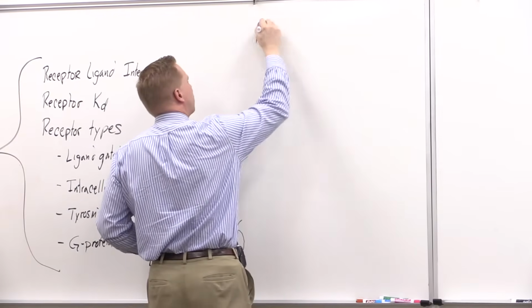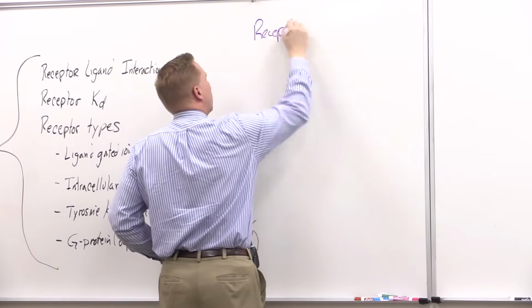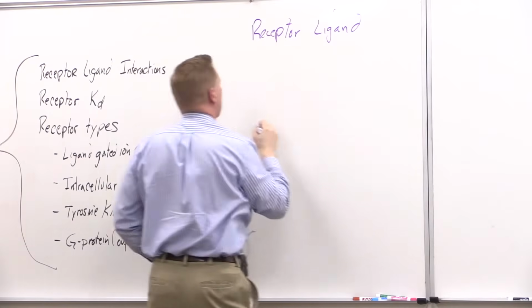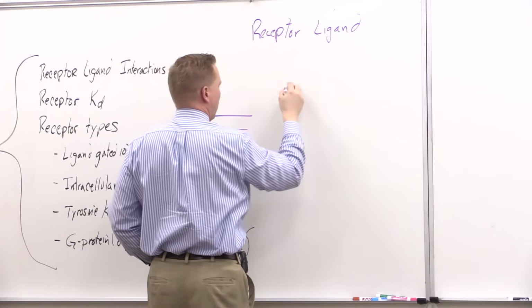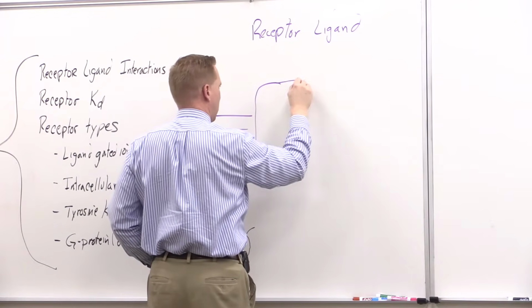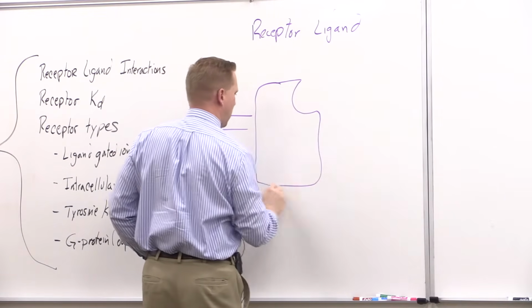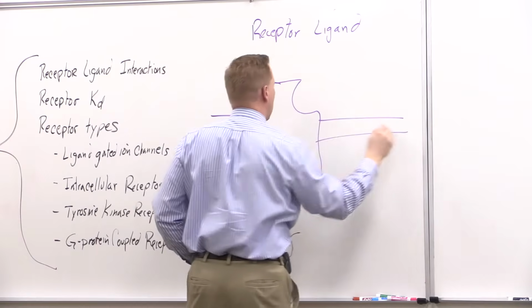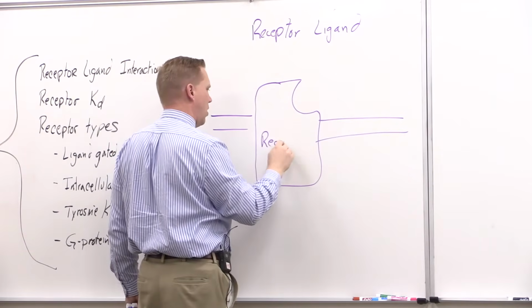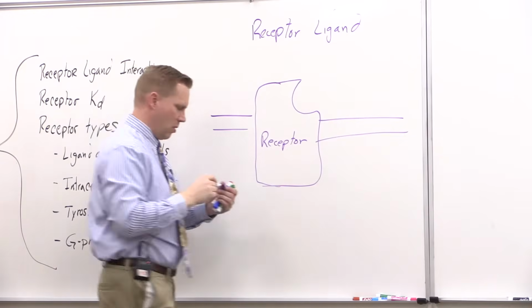Receptor-ligand. If we have a membrane, there's going to be some kind of receptor, so we'll label this as our receptor.